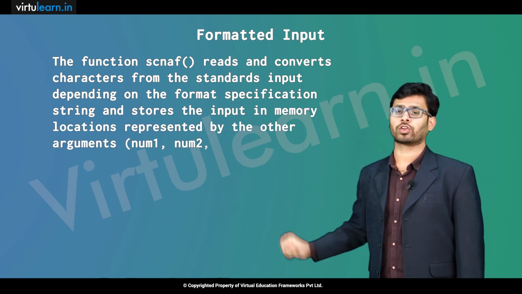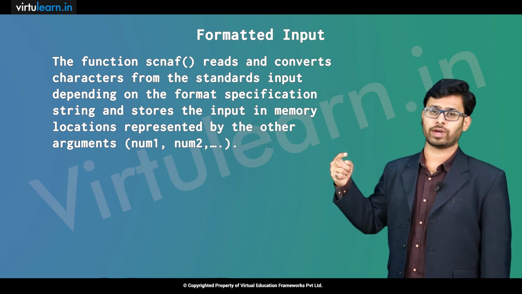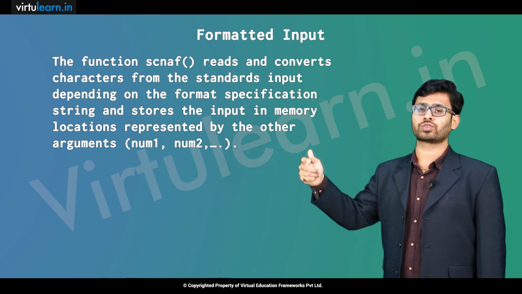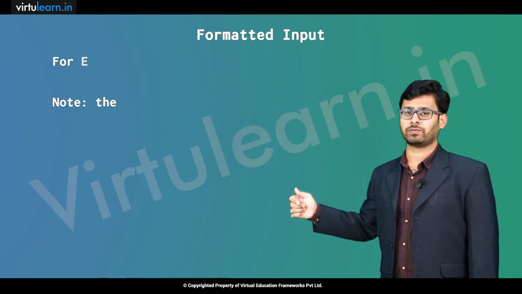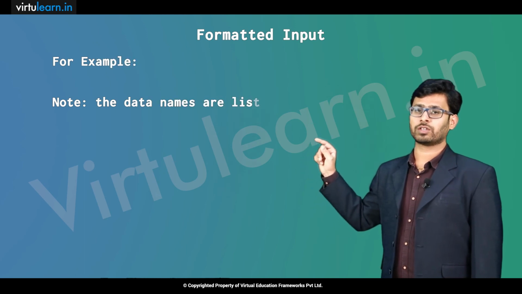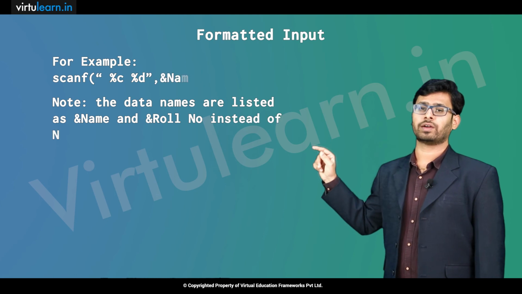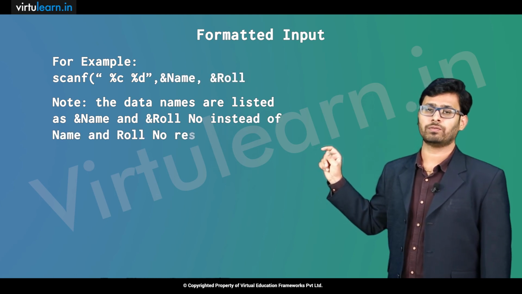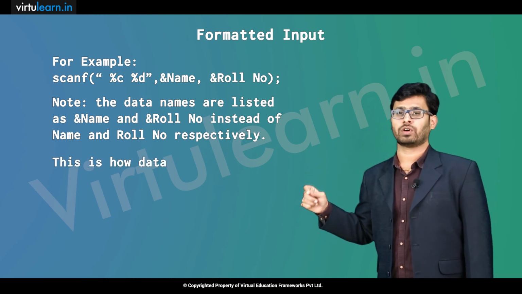So this is how the data names are specified in a scanf function. In case of a string, the data name is not preceded by the address-of sign. So whenever we are going to read any data, we need to represent the address of that particular identifier name. So this is about the formatted input.